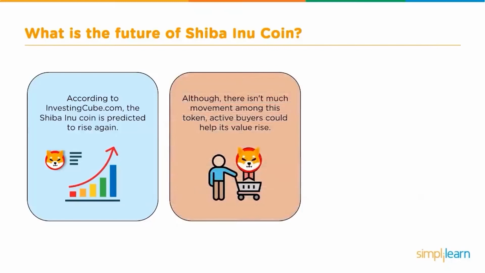Although there isn't much movement among this token and its value, active buyers could help its value rise. The value could rise to 0.00001040 in a more active buyer's market. Although it may not appear to be a significant amount, due to its popularity in future, it can have a significant influence over large investors of the crypto market.